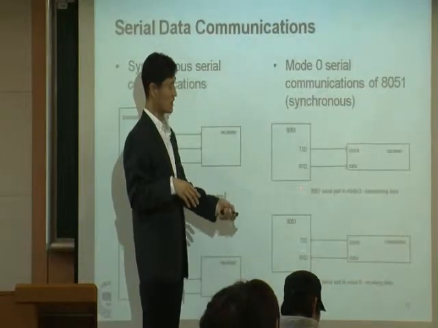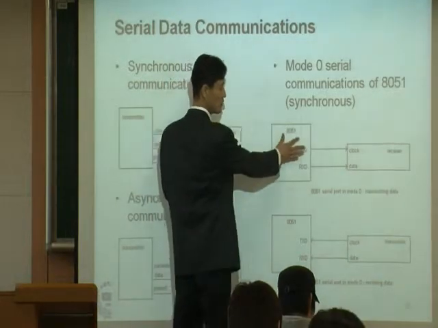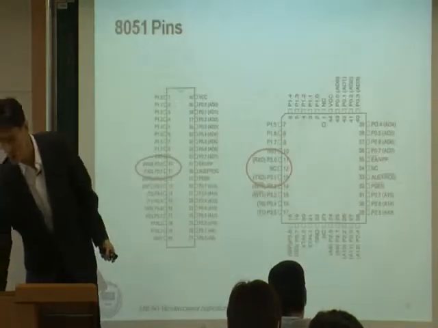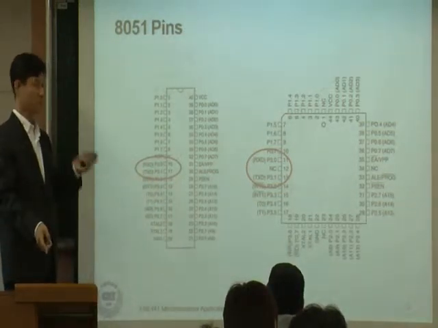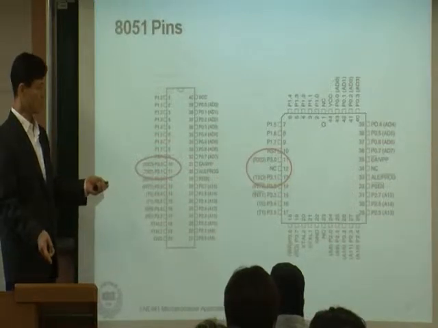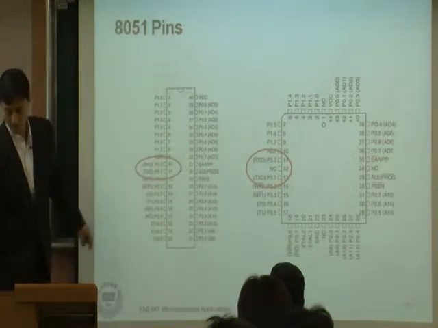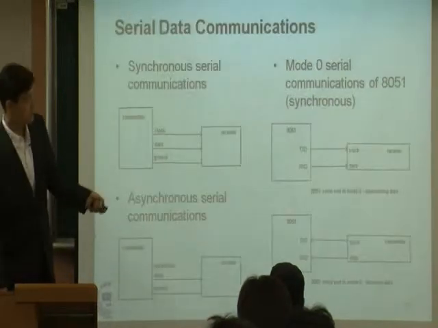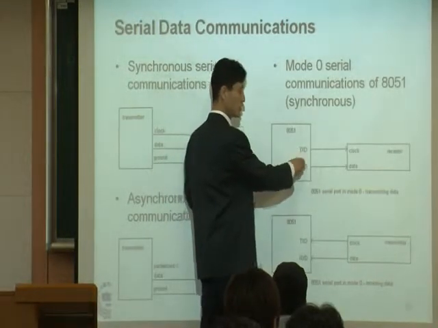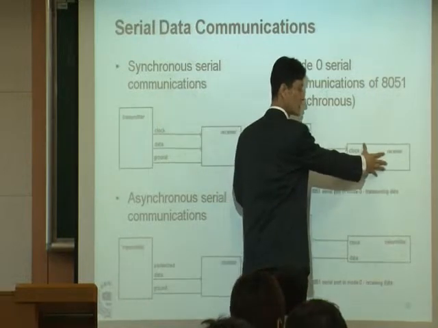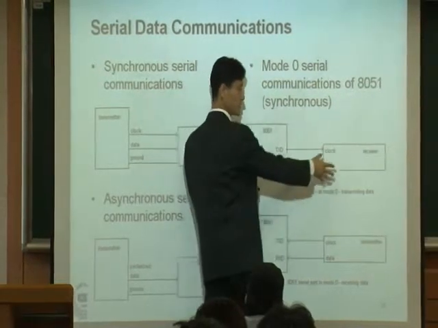This is how the 8051 works in mode 0. In the 8051 chip, we have pins called RxD and TxD. Using these 2 pins, you connect them with an external receiver.